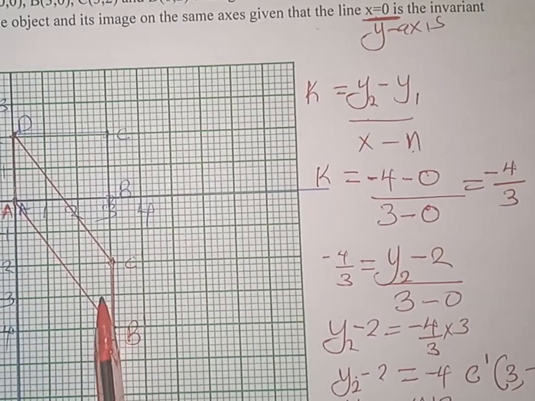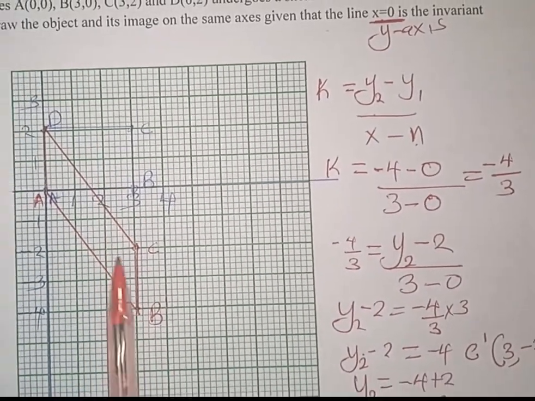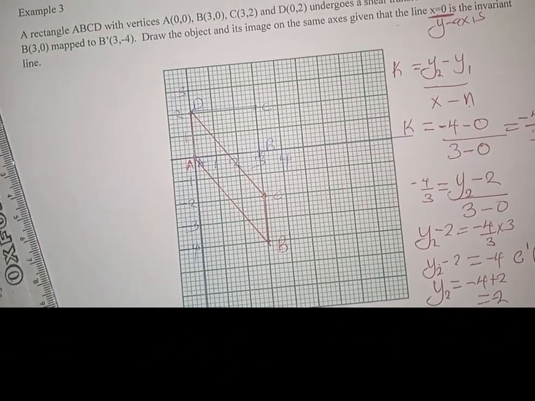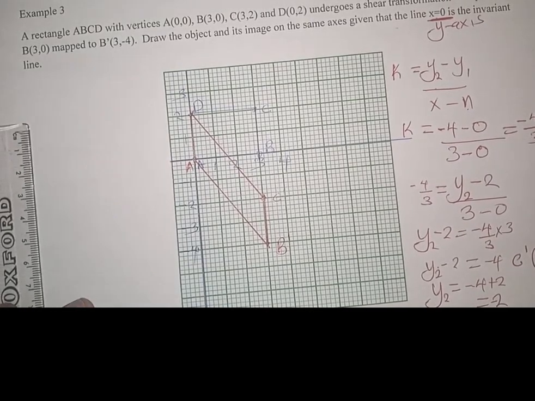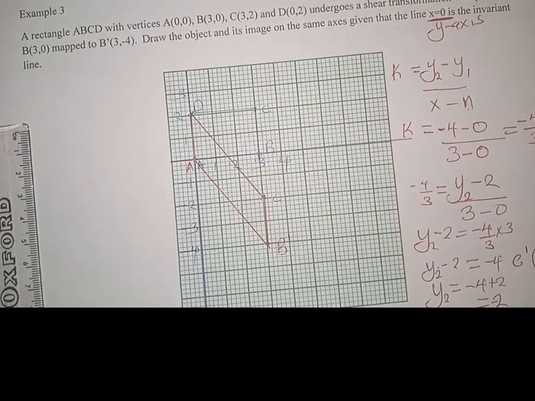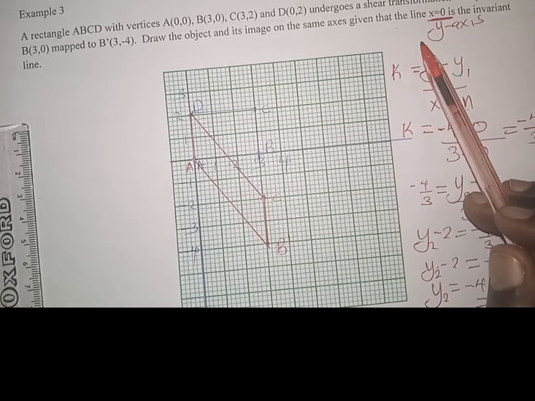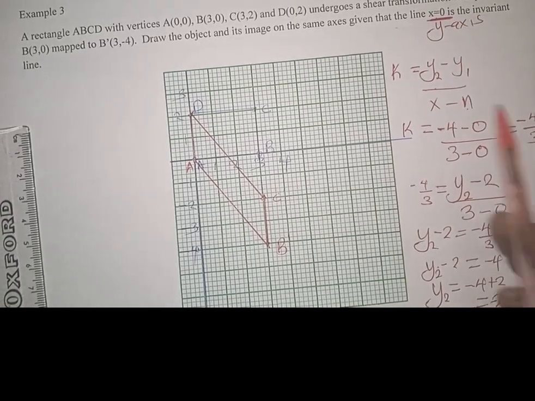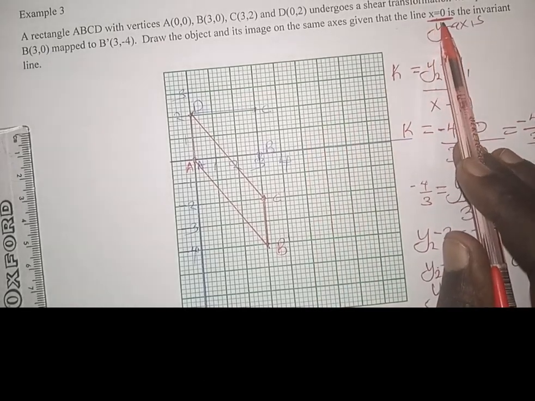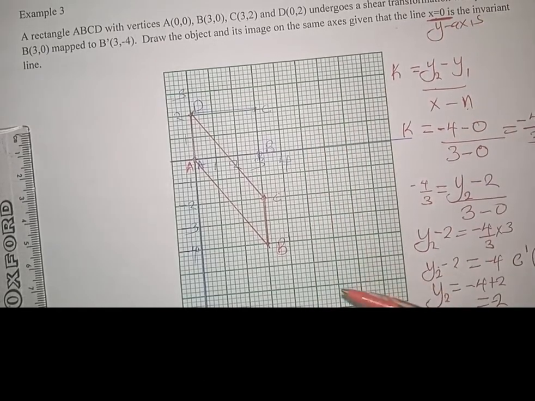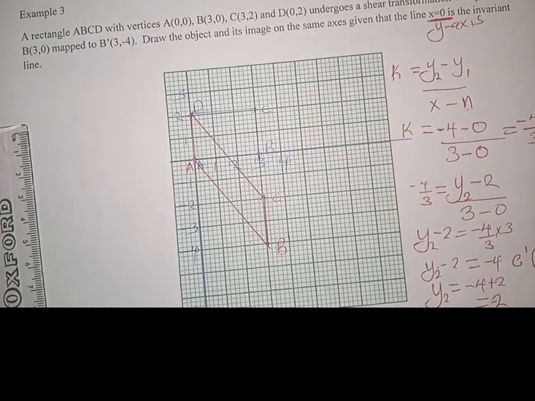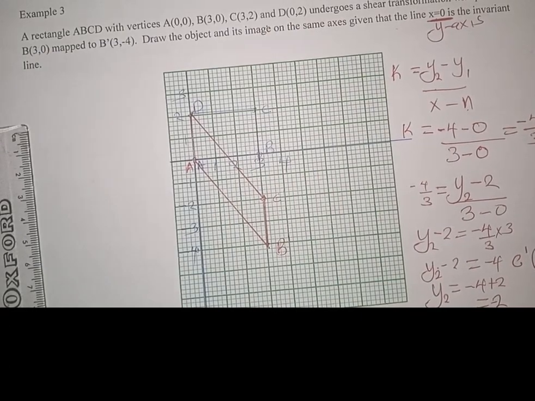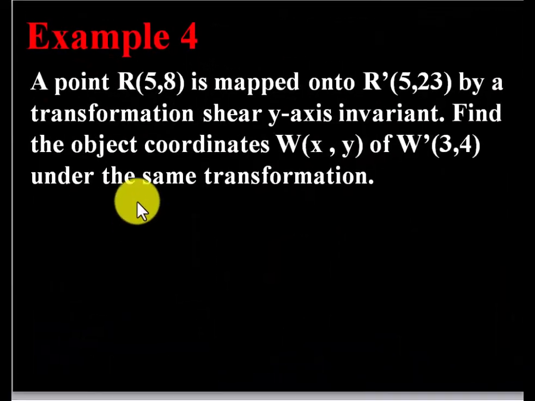So this is the image of the rectangle under our shear transformation. In the explanation, we will say that this is a shear transformation with shear factor negative 4 over 3, and x equal to 0 as the invariant line, with point C(3,2) being mapped to C prime (3,-2).